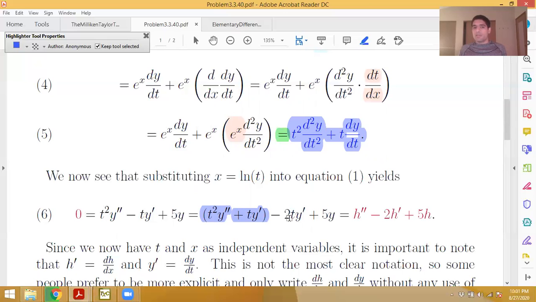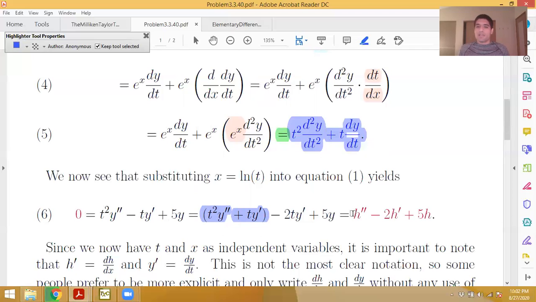And then, in order to keep things even, I added a ty prime here, so I have to subtract the ty prime, which is why this negative ty prime turned into negative 2 ty prime. Alternatively, you could just check for yourselves that this ty prime plus this negative 2 ty prime is equal to this negative ty prime. So the left and right parts are actually equal to each other.